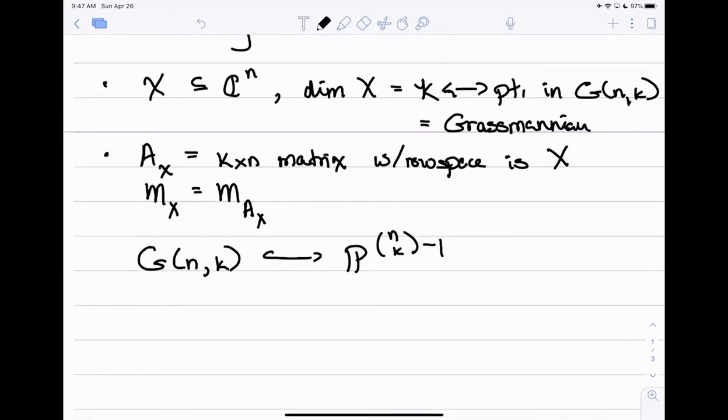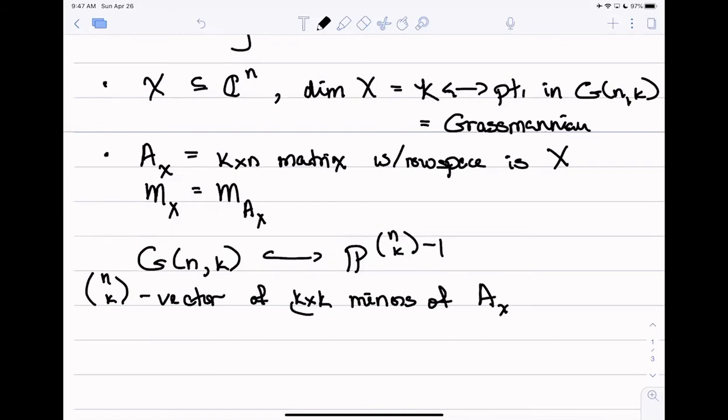Well, once I get one of these k by n matrices, I can look at the n choose k length vector of k by k minors of this matrix A_X. These k by k minors are exactly the brackets that I was talking about earlier. And if you're used to Grassmannians, you'll realize that these brackets are exactly the Plücker coordinates.